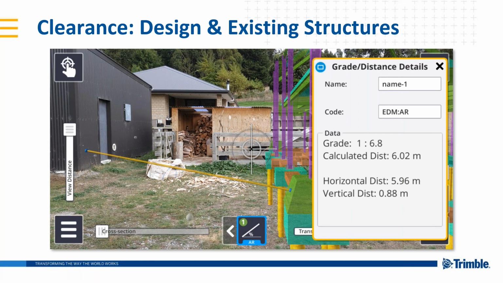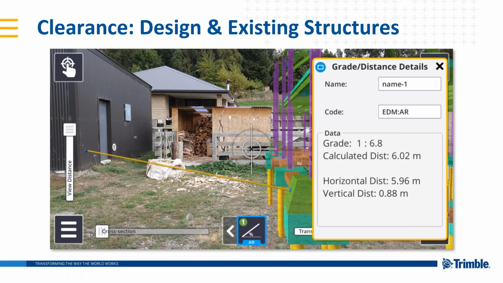And then once I've measured those two points, the system gives me the information that you can see there, which is the grade and the slope distance, the horizontal distance, and the vertical distance between those two points.